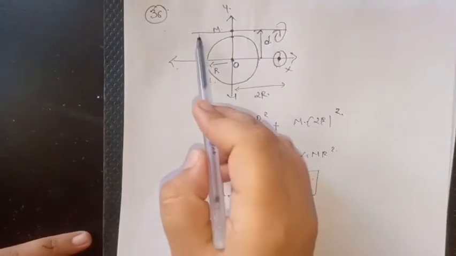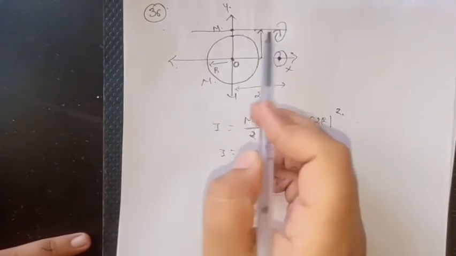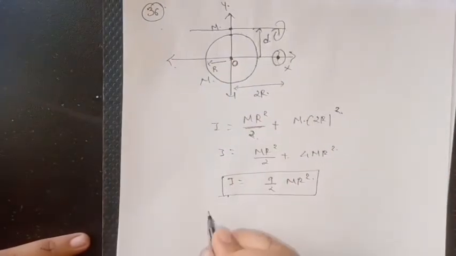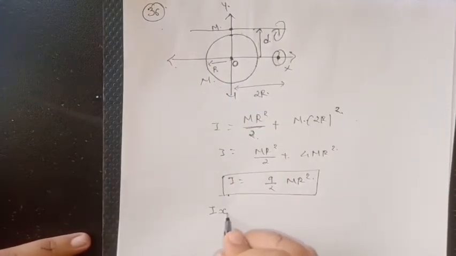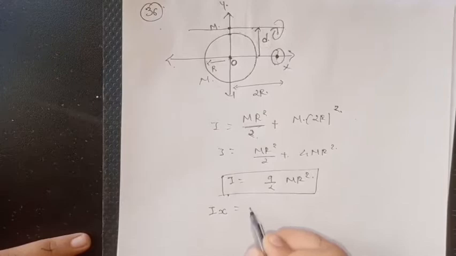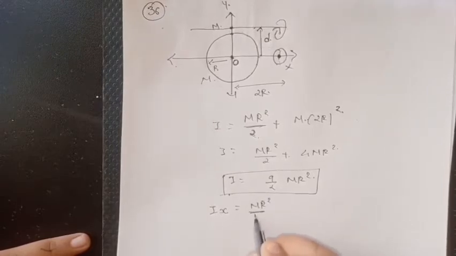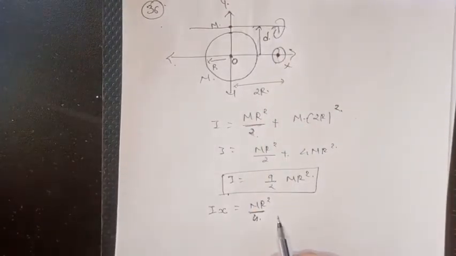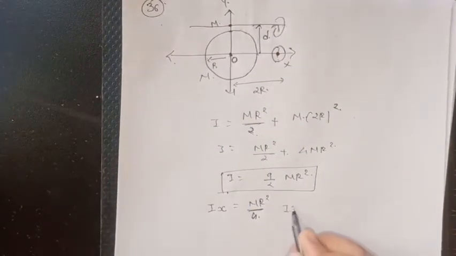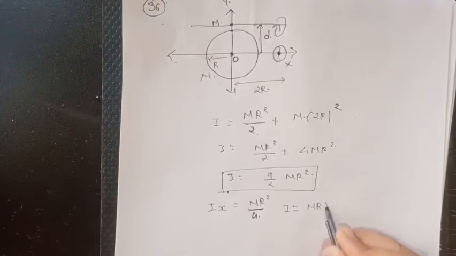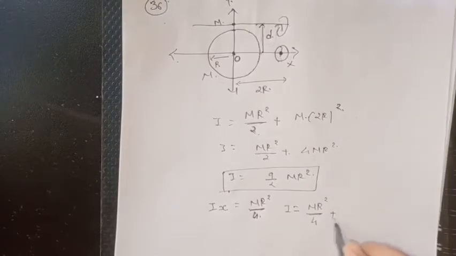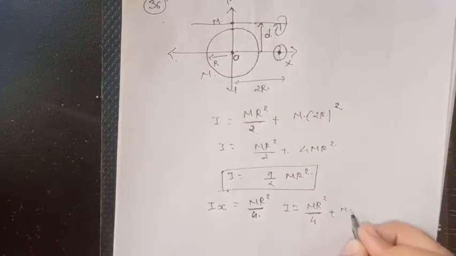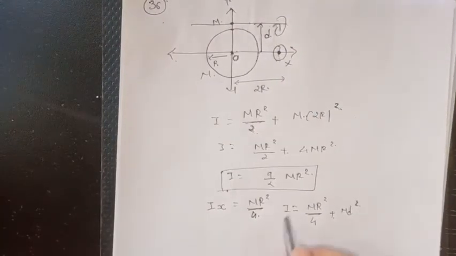Now to find the moment of inertia about this axis, first we have to find the moment of inertia about the x-axis. We know that the moment of inertia of the disk about the x-axis will be mr square by 4. So the moment of inertia about this axis will be I is equals to mr square by 4 plus shifted parallelly by distance d, so m d square.